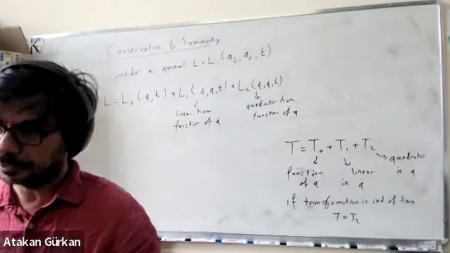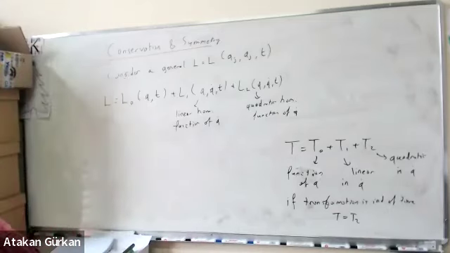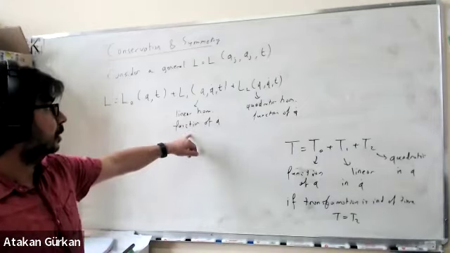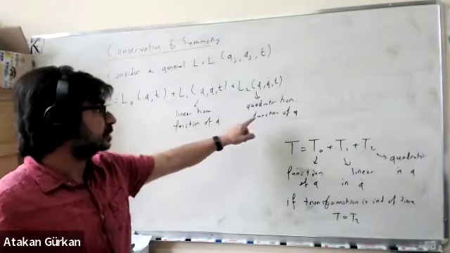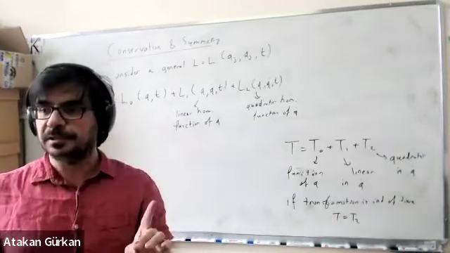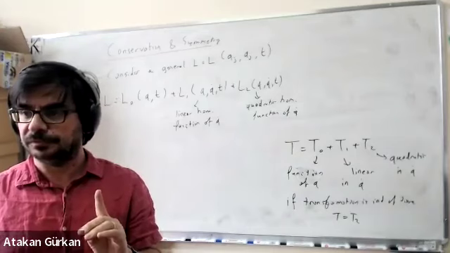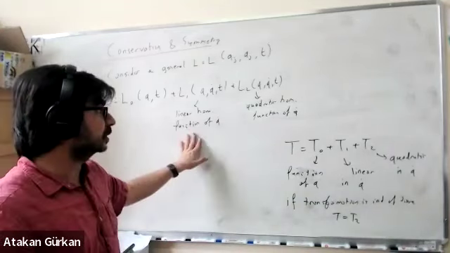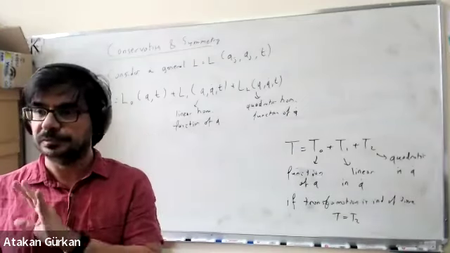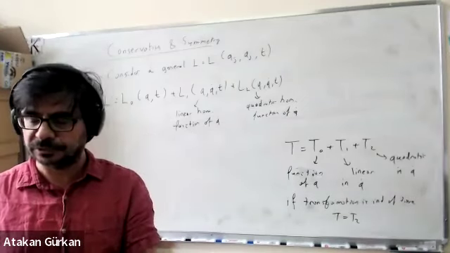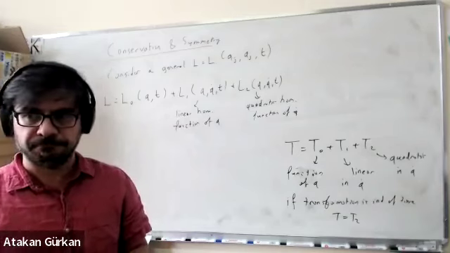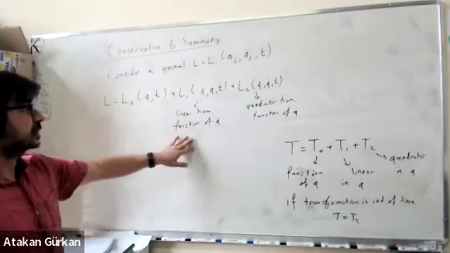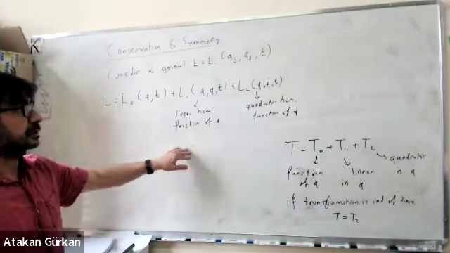It depends on whether there is a constant term or not, whether there are additional terms or not. So this just depends on the second power of q dot. There's no linear term, there is no constant term. The other just depends on the first power of q dot. There's no quadratic term, there's no constant term. So this is what they mean by this.